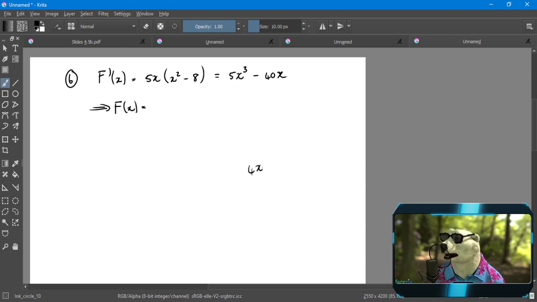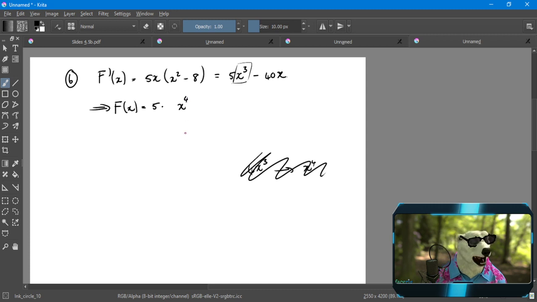If it was a 4x cubed, then right away that would come from x to the 4. But it's not, it's a 5. So I leave the 5 out of everything. I do need to keep it in front. And focus on the antiderivative of x cubed, which is essentially going to be x to the 4.